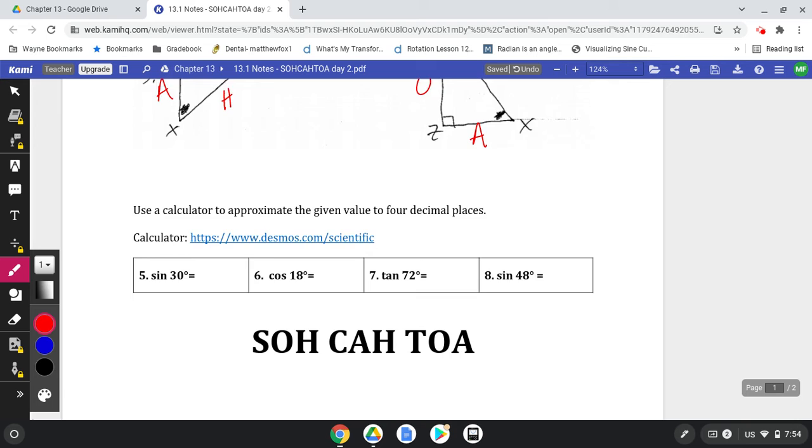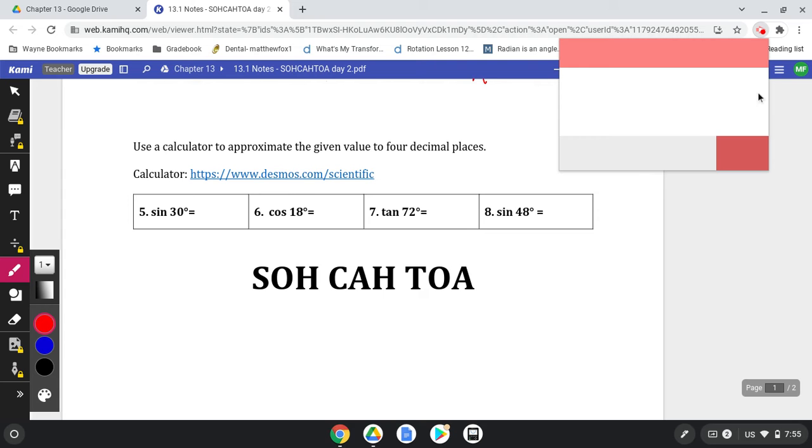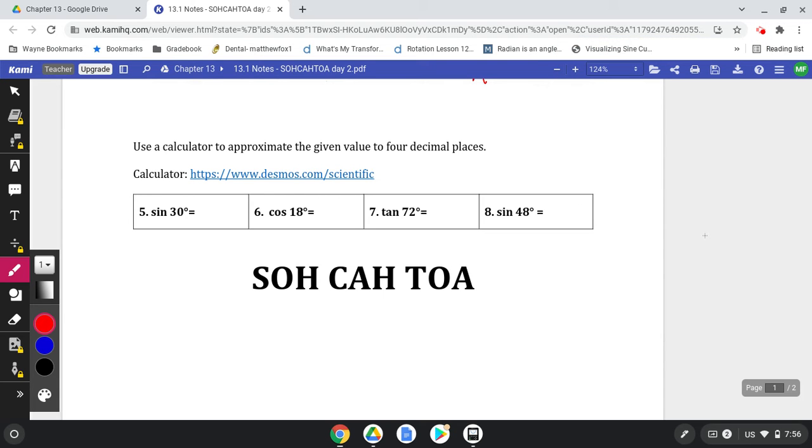All right. Now, today we are going to be working on our calculator to do some approximations using sine, cosine, and tangent. Now, there are 2 ways you can do this. Okay. So one of the ways right here, you can click this link if you're on.